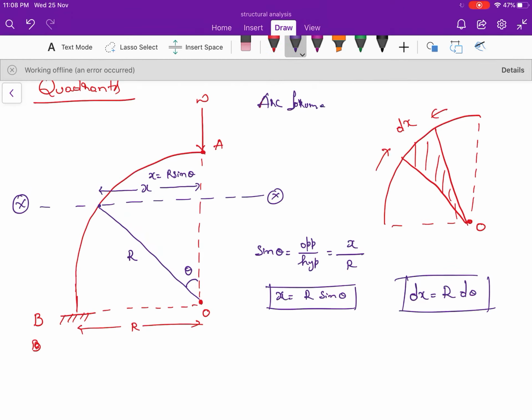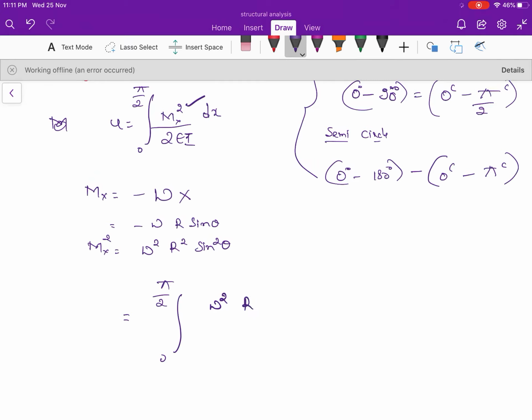So if you substitute this in terms of this integral 0 to pi by 2, what is the value of Mx square? Mx square will be equal to w square r square sine square theta into dx. What is the value of dx?